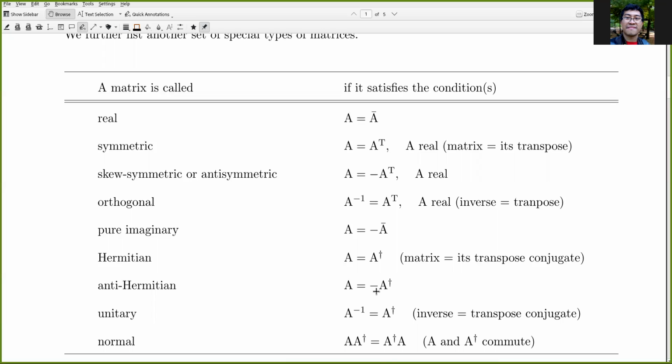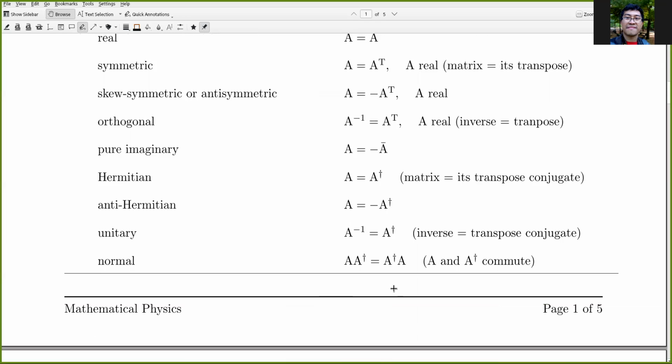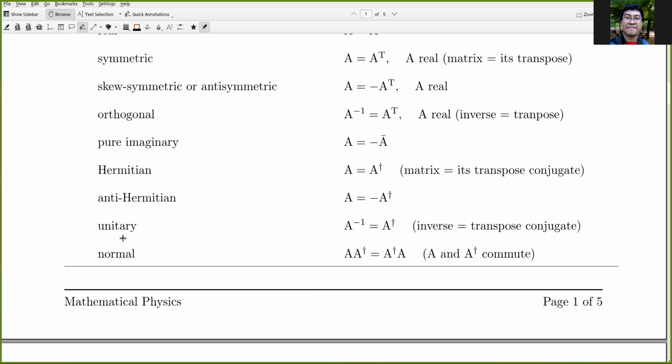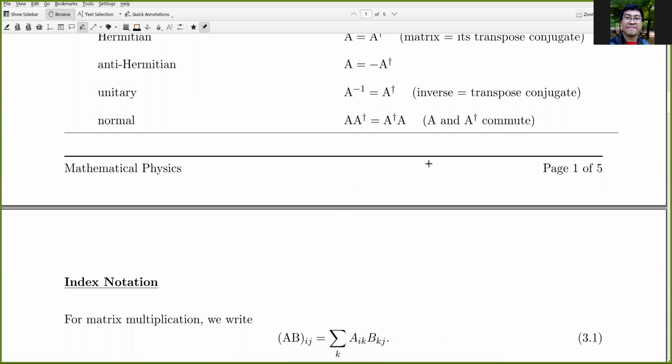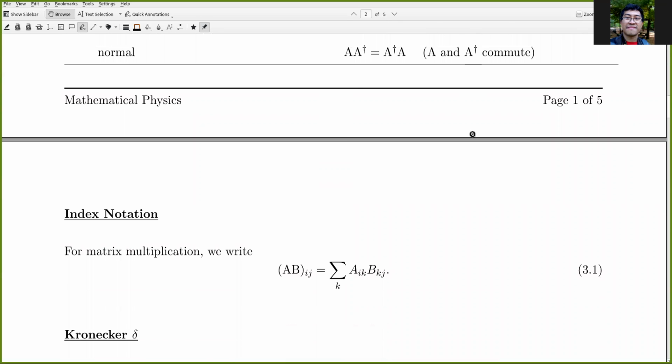Anti-Hermitian if the matrix is equal to negative of its transpose conjugate. Unitary if its inverse equals the transpose conjugate. And normal if you have A times A dagger equals A dagger times A. Here, A and A dagger would commute.